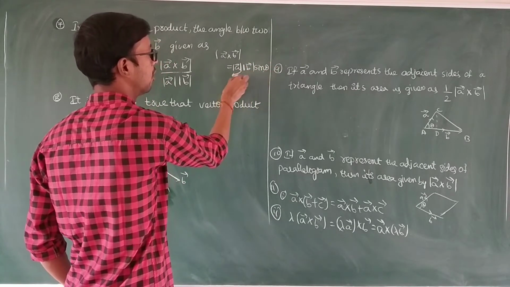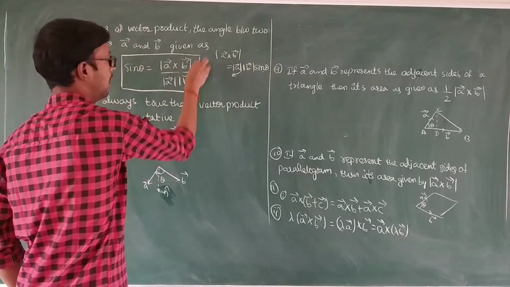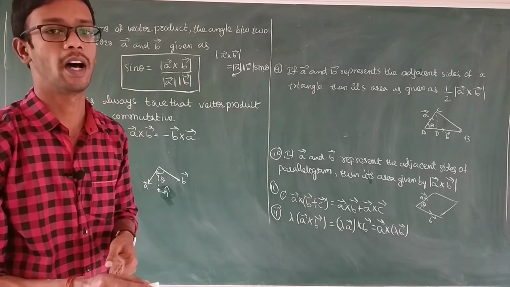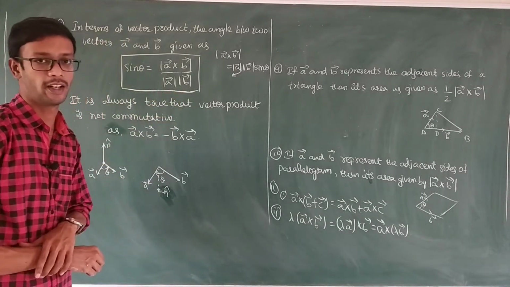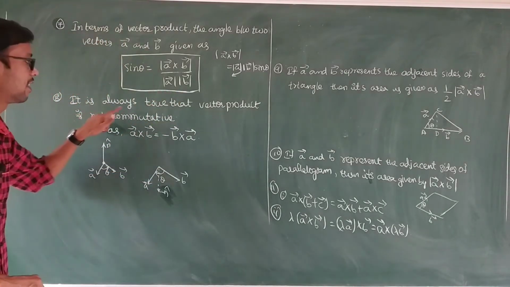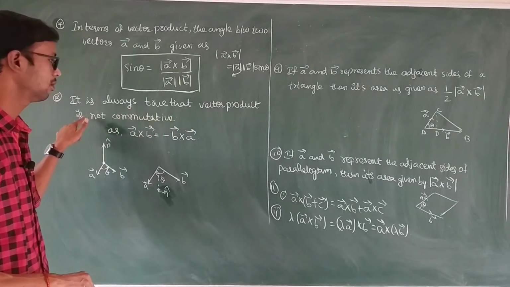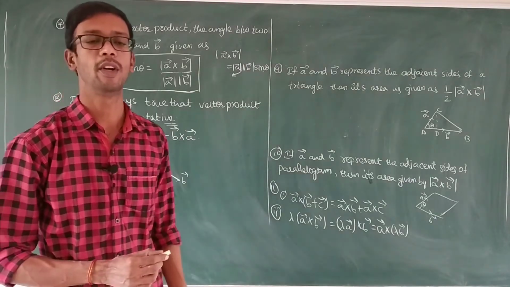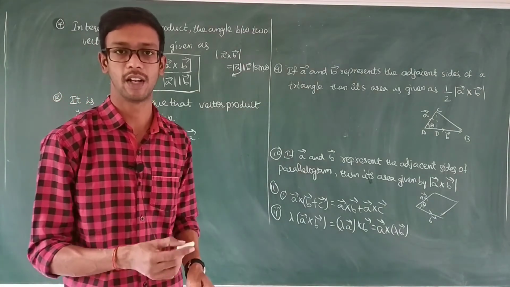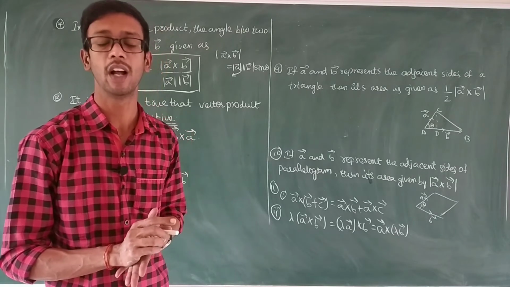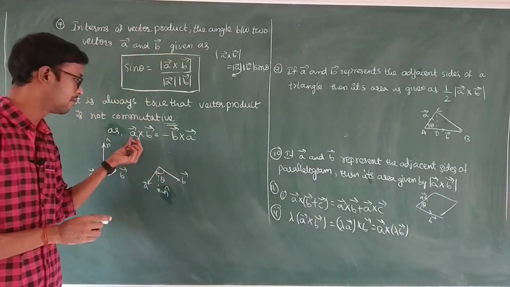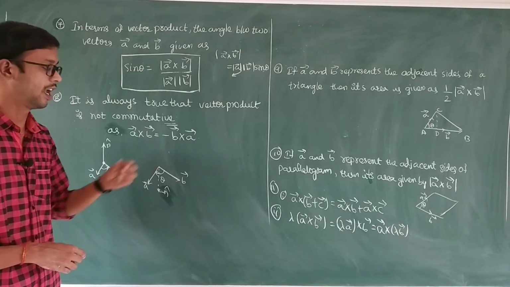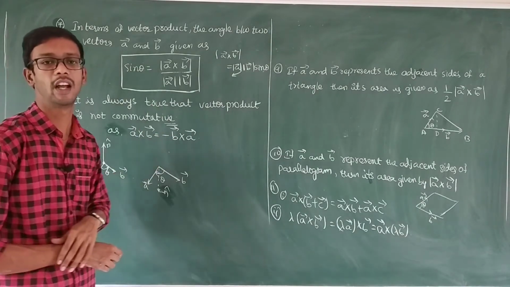So sin theta is equal to magnitude of A bar cross B bar by magnitude of A bar into magnitude of B bar. Next, it is always true that the vector product is not commutative. Commutative would mean A bar cross B bar is equal to B bar cross A bar, but we get A bar cross B bar is equal to negative of B bar cross A bar. Negative is coming, so that's why it is not commutative.